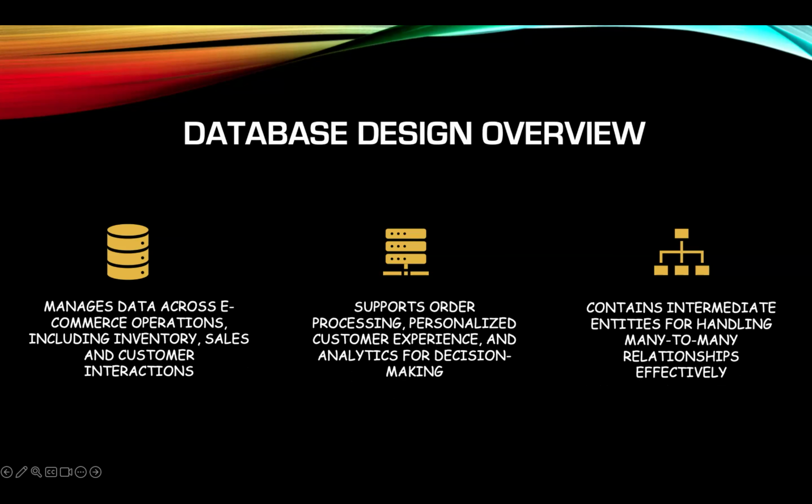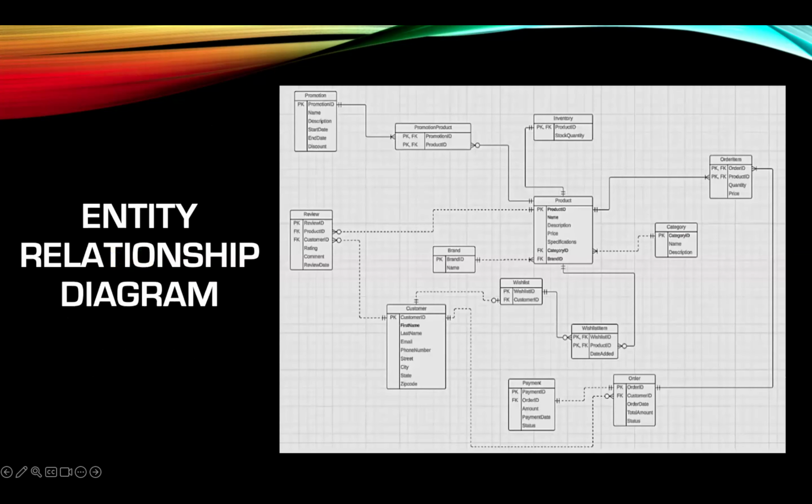We support order processing and personalized customer experience, and we can use the data for analyzing our business needs and operations. We also have intermediate entities between two tables that can handle many-to-many relationships more effectively. Now my teammate is going to continue on the entity relationship diagram.